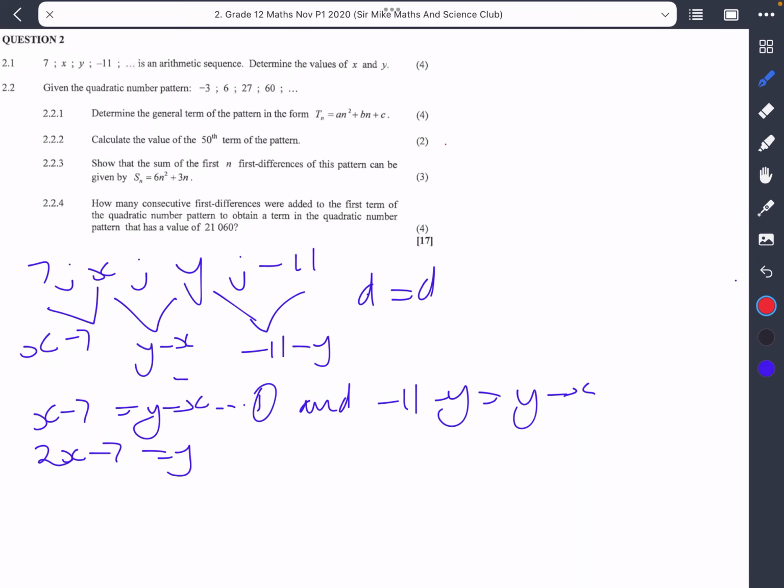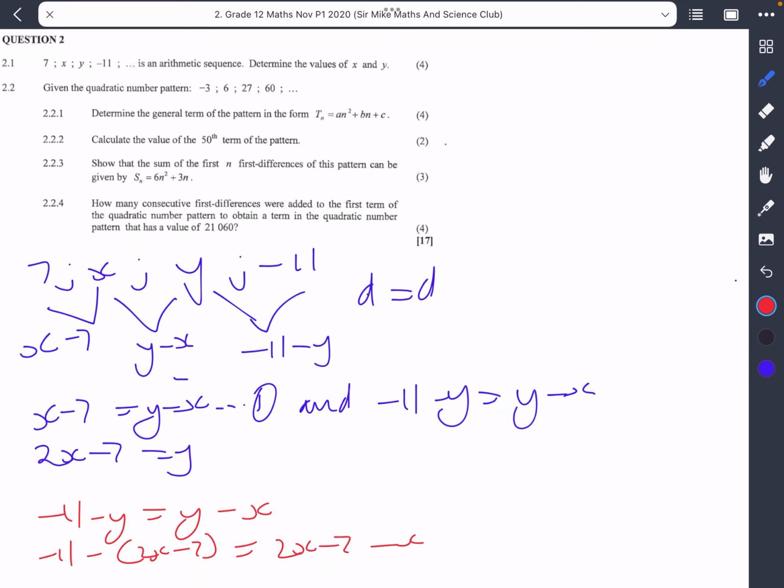In that second equation, let me rewrite it. I have negative 11 minus y equals y minus x. Where there's y, I'm going to substitute 2x minus 7. So I would have negative 11 minus (2x minus 7) equals 2x minus 7 minus x.